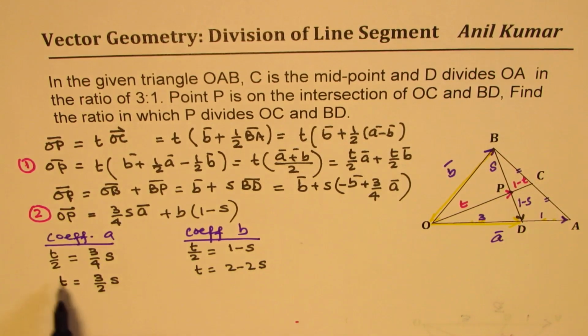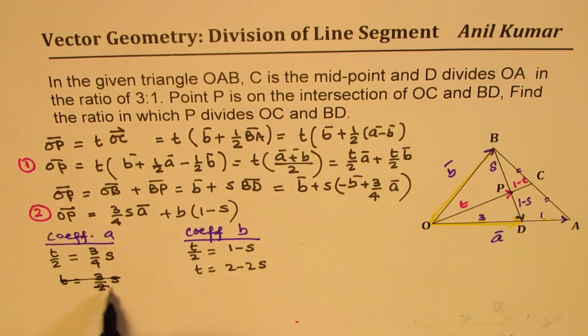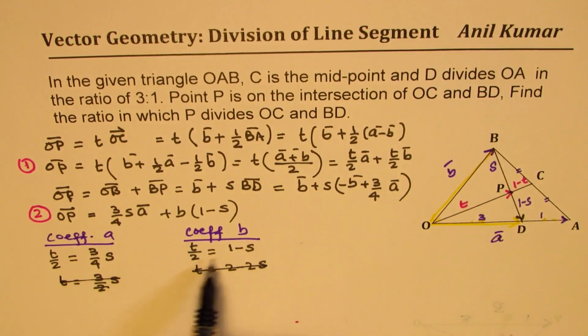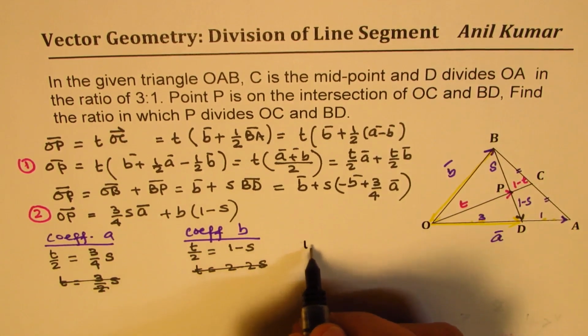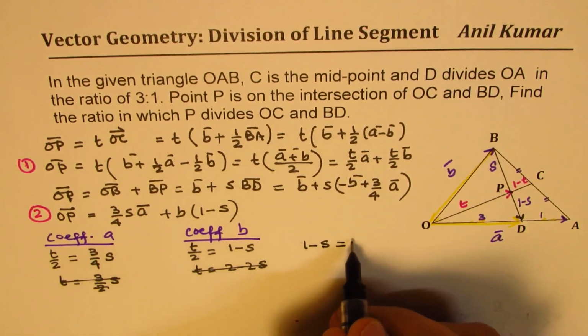So we'll replace this value of T with 2 minus 2. So it was better to use T by 2 itself. We could have written 1 over S, right? So we'll just forget about this. We have T over 2 as 1 minus S and T over 2 as 3 over 4S. That means that 1 minus S should be equal to 3 over 4S.